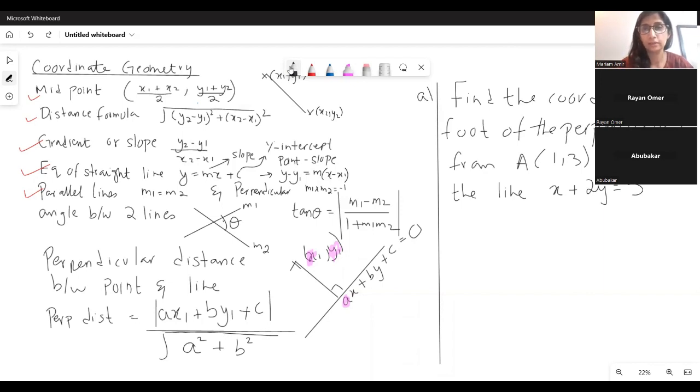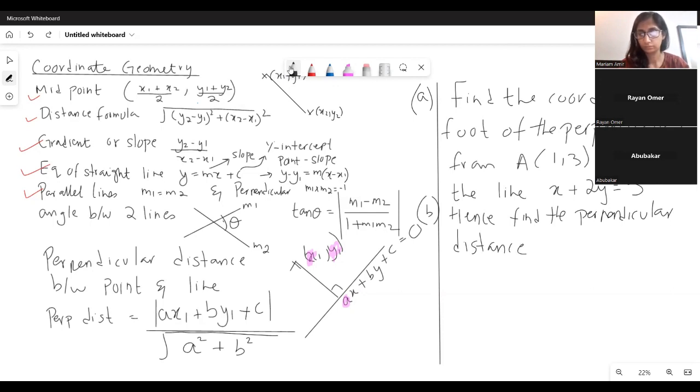This is part A, and part B is: hence find the perpendicular distance from A to this line. Take proper notes. Yes. Okay, let me know when you're done copying this.